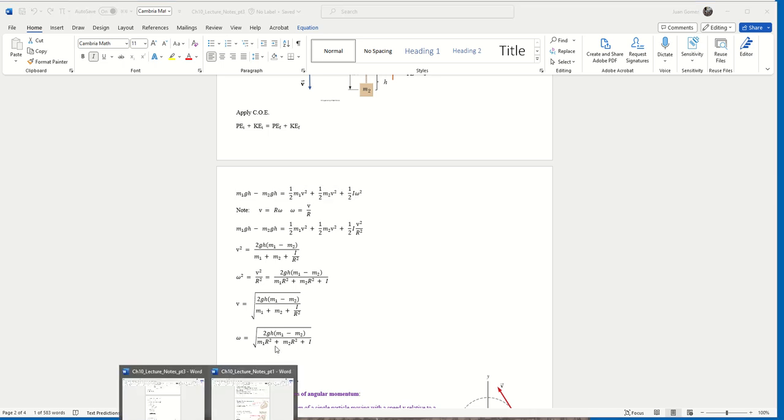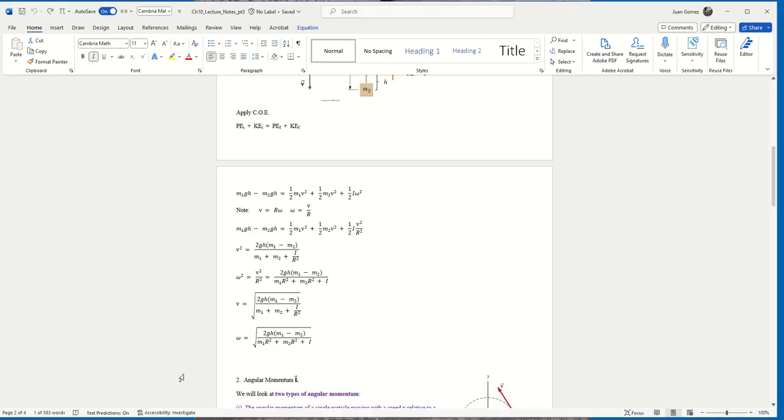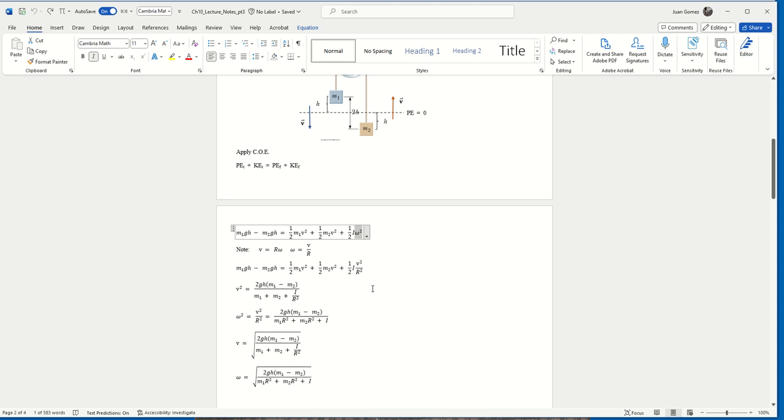In general, for a rotating object, the tangential or linear speed of a point on the object is r times omega, where r is the distance from that point to the rotation axis, the pivot. So for this problem, the linear speed of a point on the edge of the pulley is big R times omega. So v is r omega, which means omega is v over r.